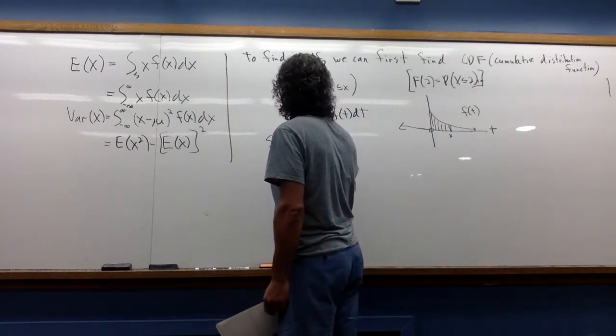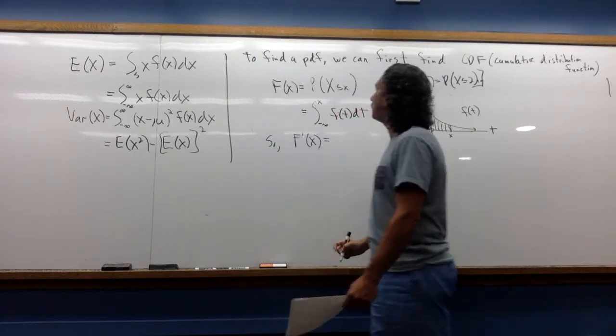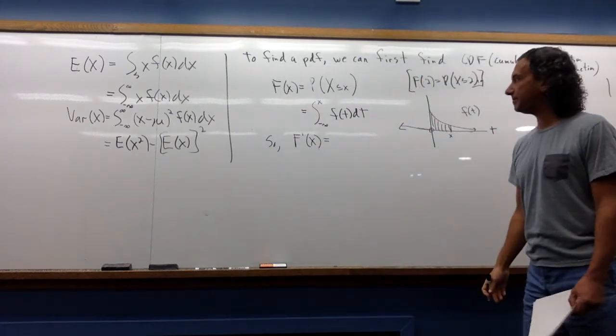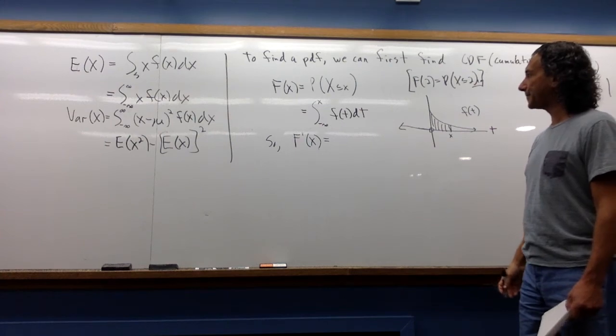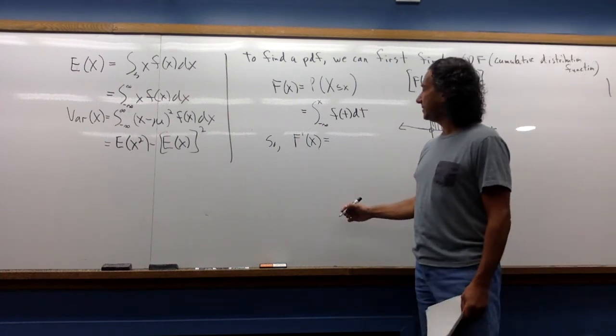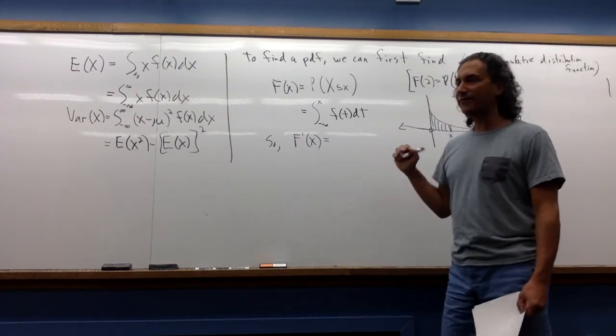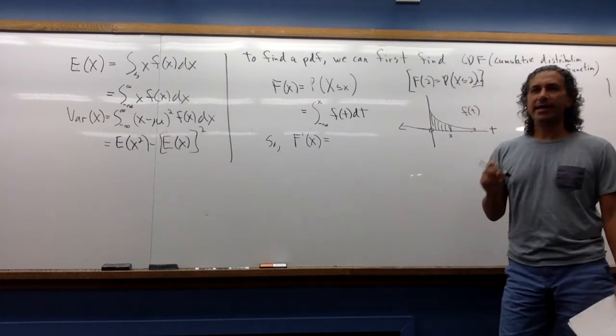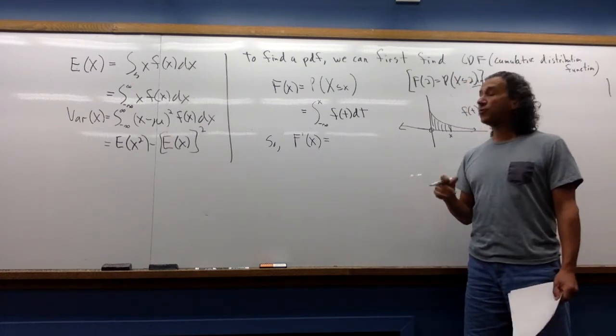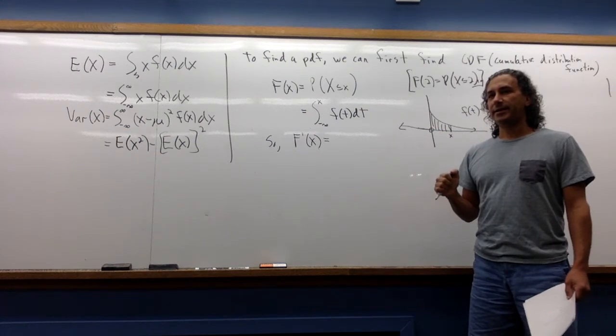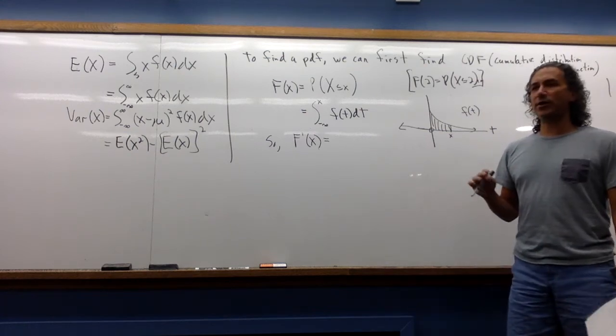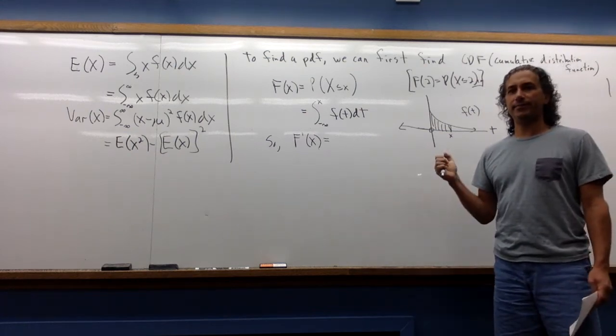that big F prime of x, the derivative of this cumulative distribution, is, pause the video and see if you can answer that question. Hint, it's from integral calculus. It's from a theorem that you thought you would never ever use.